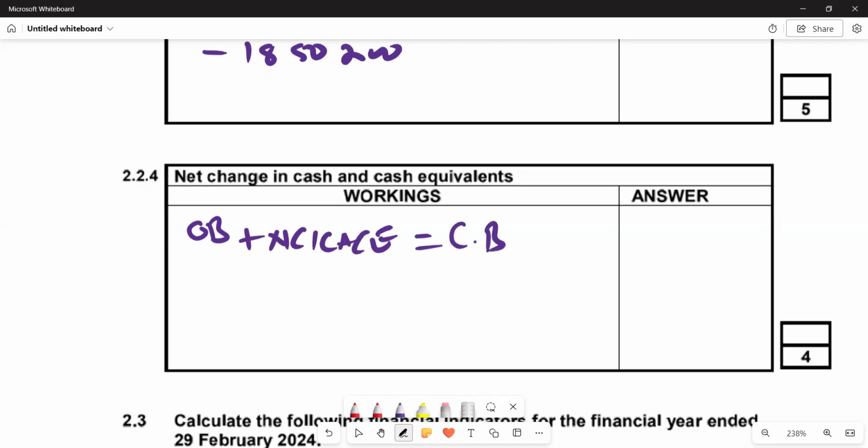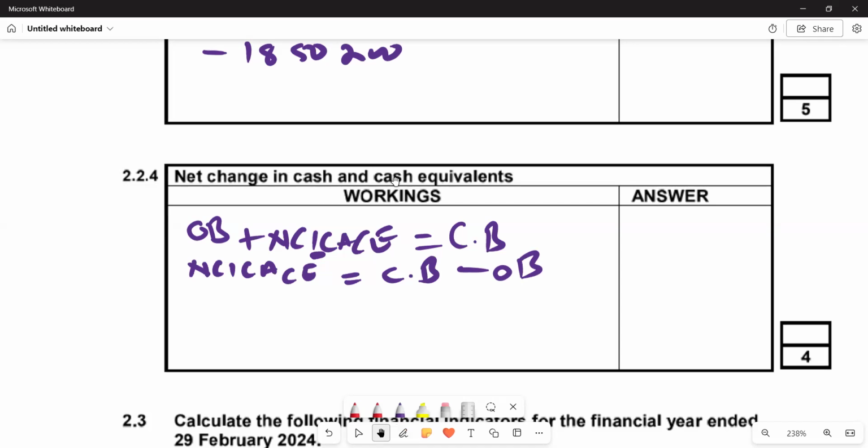So the figure that we are looking for is this one. We can make it the same formula. Net change in cash and cash equivalents is equal to our closing balance, minus opening balance, because on the other side it becomes negative. So this is exactly how we are going to calculate it.